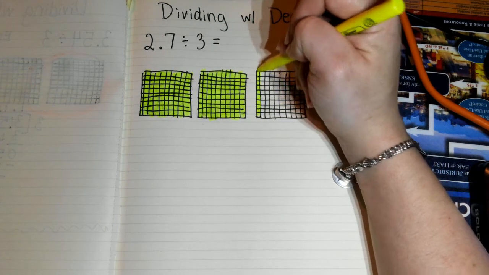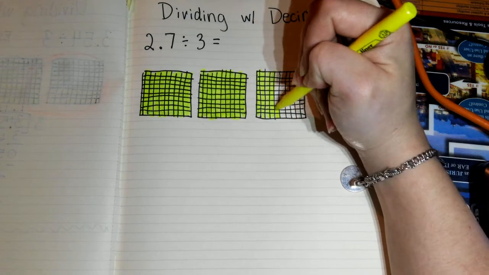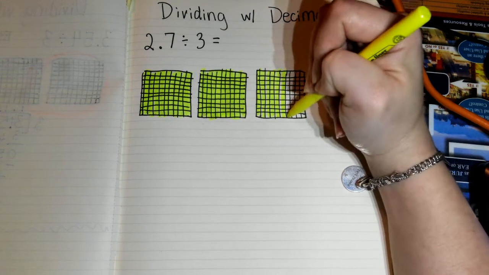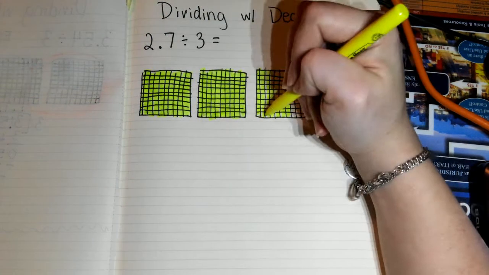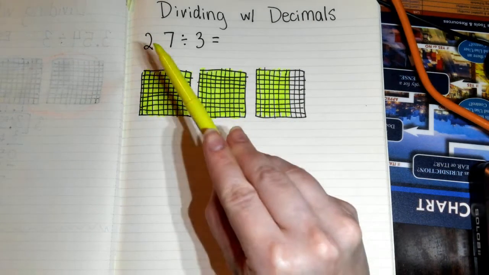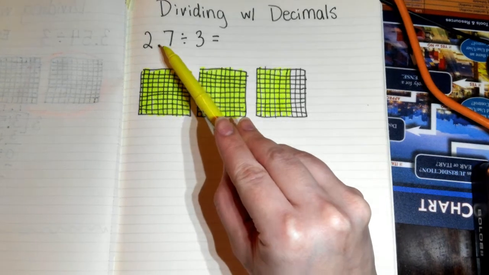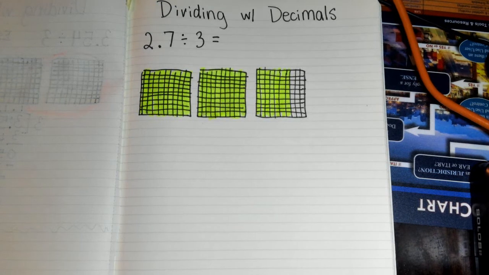Coloring 7/10. 1, 2, 3, 4, 5, 6, and 7. So there is that blank that's left, that 3/10, we're not going to color in because we're trying to show our dividend, our 2.7 on this grid.